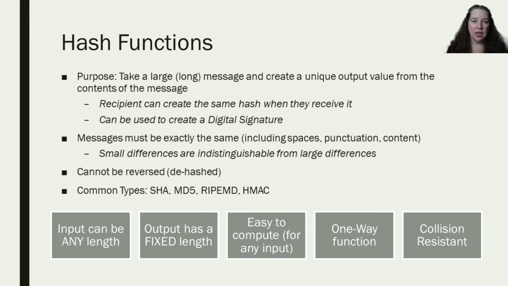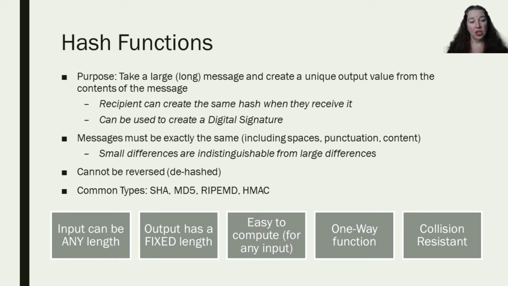Hash functions allow you to take a long, very large message and to create a unique output value from the contents of the message. We're using concepts like modular arithmetic and random numbers to be able to hash a value of perhaps a file or a message into what can be used as a digital signature.